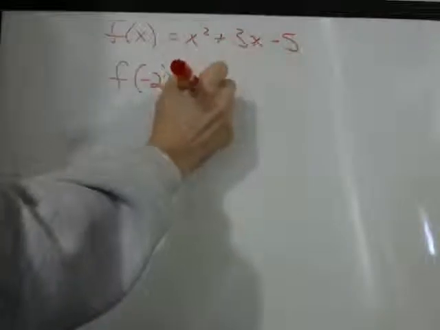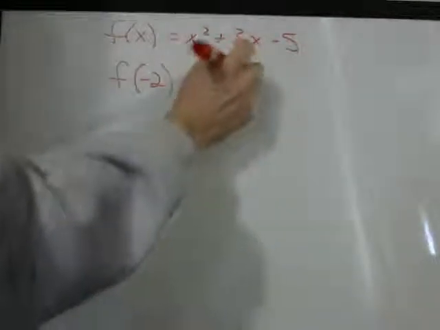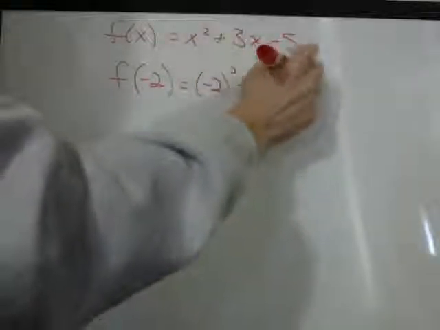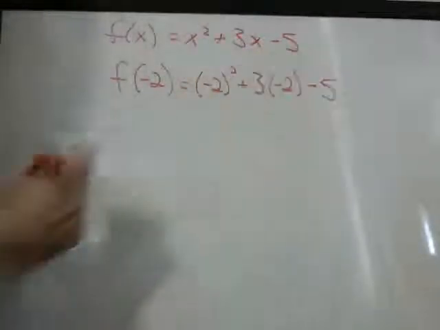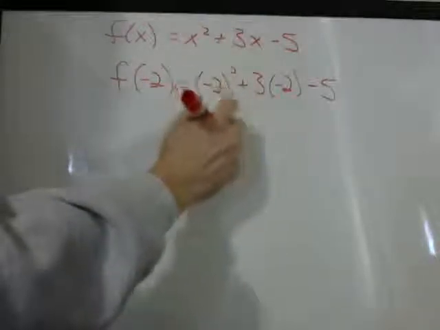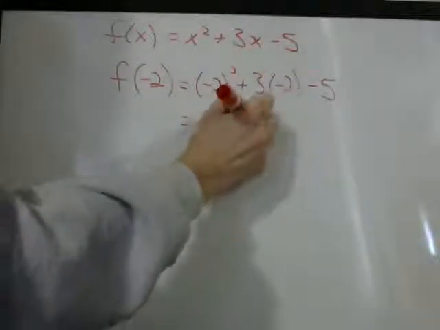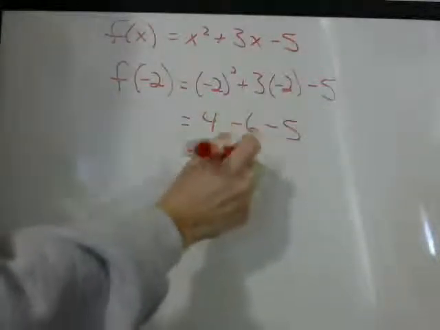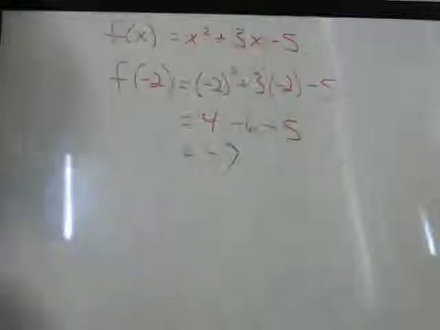So negative 2 squared instead of x squared plus 3 times negative 2 minus 5. Negative 2 squared is 4. 3 times negative 2 is negative 6 minus 5. 4 minus 6 is negative 2 minus 5 is negative 7.